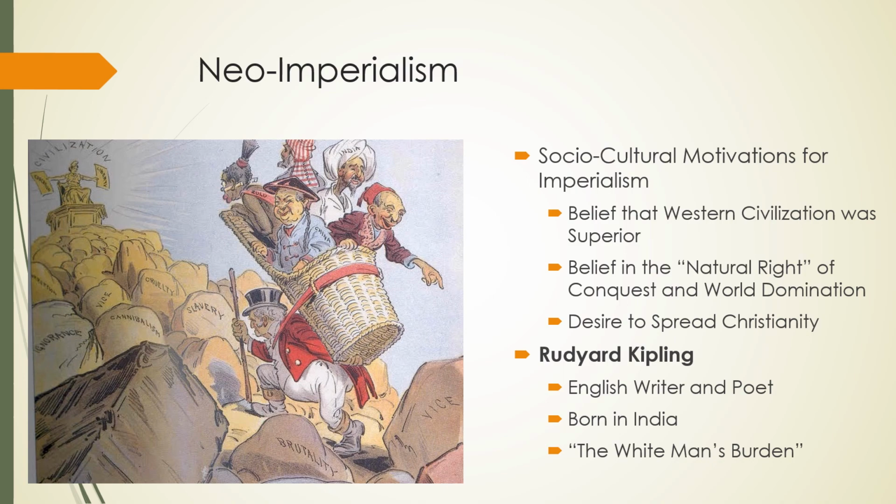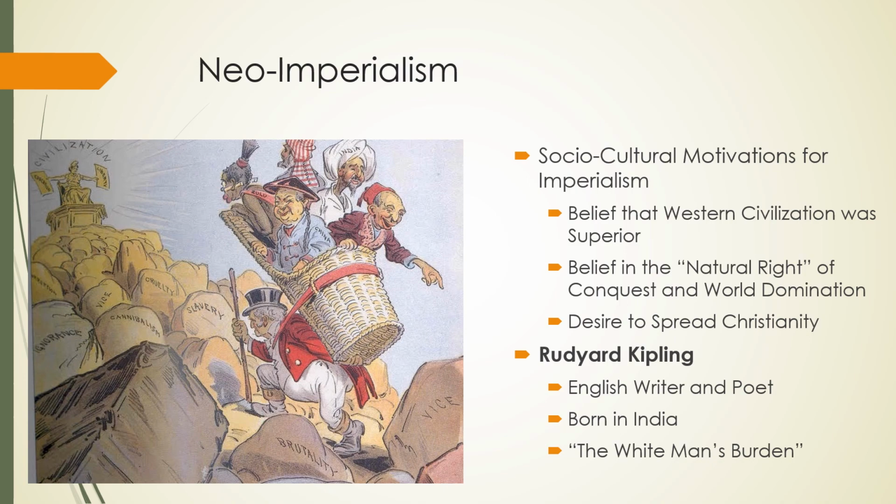So you see a cartoon here, and you see a British man carrying all these peoples on his back. You see Asians and Africans, and he's carrying them up this hill, and on this hill he's having to cross a whole lot of obstacles. You see things like cannibalism, and you see slavery.